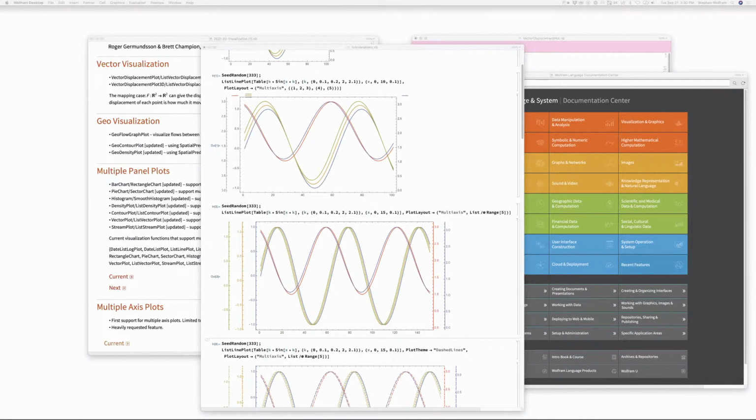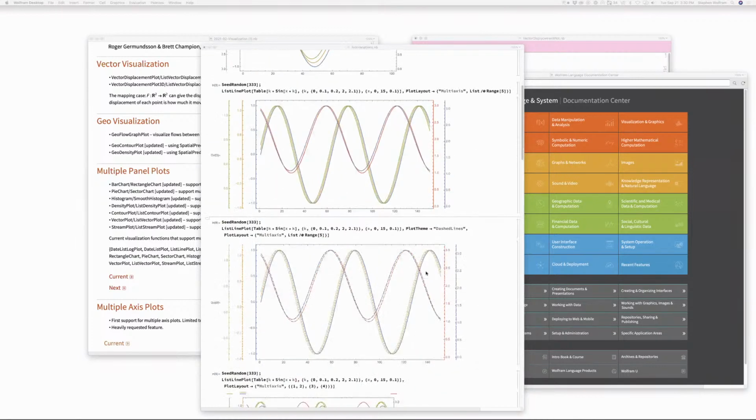Could you do plot theme arrow dashed lines on the multiple plot per axis? I'm sure it will do something. What the heck would this do if you did multiple plots per axis? Oh, I see. This will presumably put your regalia with appropriate dashing and so on up there. You can try it.